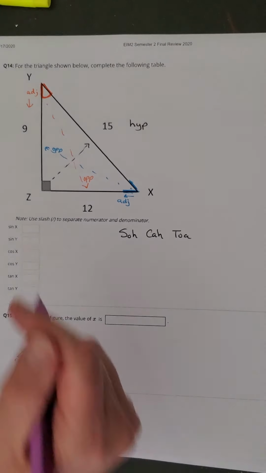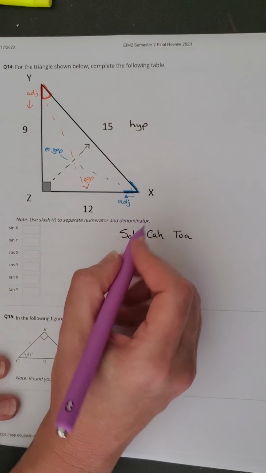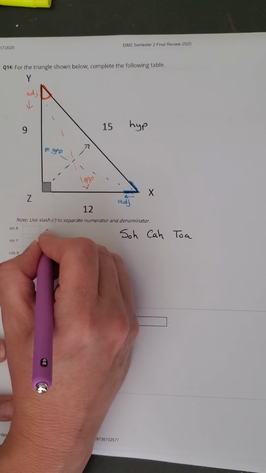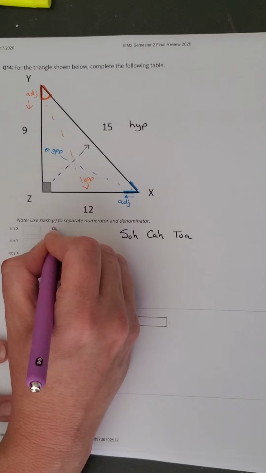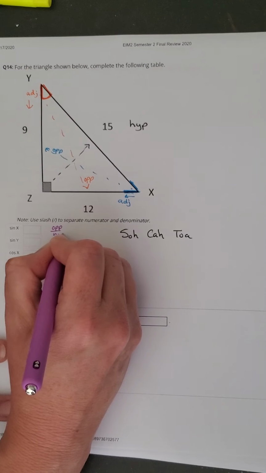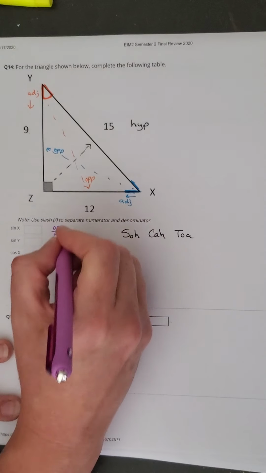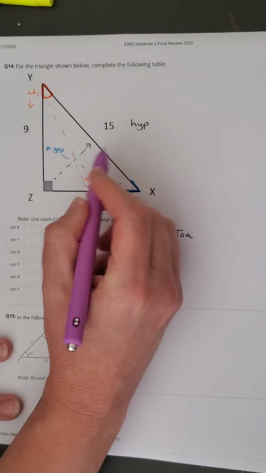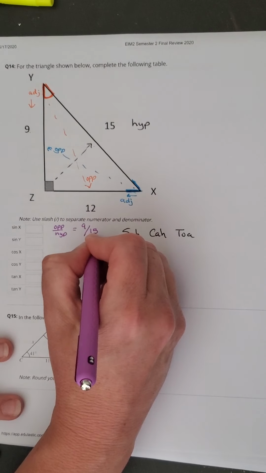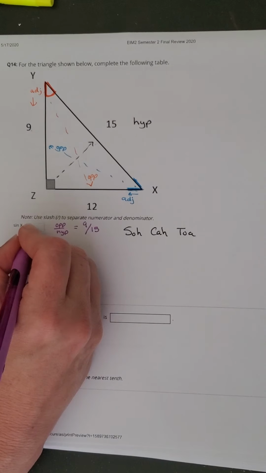All right, so sine x, so if I'm at x, sine is opposite over hypotenuse. At x, the opposite side is 9 over the hypotenuse, which is 15. So 9 over 15.